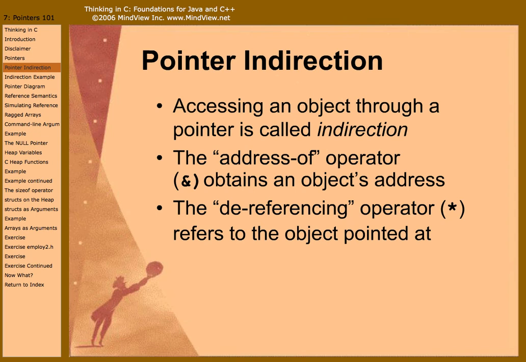The other way, as you'll see in a little while, is we have a special function that we call that allocates something on the heap, and it automatically returns the address for you. To go the other way, that is to do the indirection, going through the pointer to access the variable that you're pointing at, you use the star operator as a unary operator on the pointer.